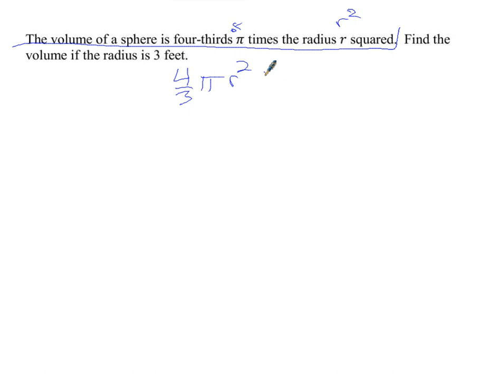Now that we have this expression, we can actually go on and find what they're actually telling us to find. Find the volume if the radius is 3 feet. So what should we do? Plug in 3 for r and then evaluate it. So I'm going to write what? 4/3 pi, parentheses 3 squared.